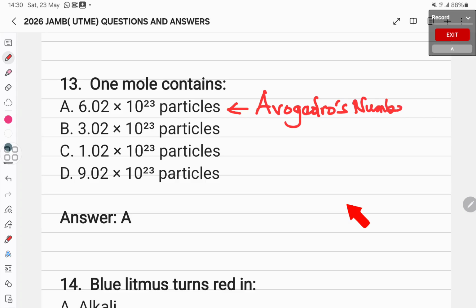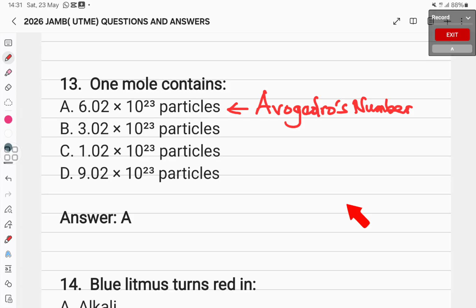Avogadro proposed that the number of particles in 1 mole of any substance, be it solid, liquid, or gas, be it element or compound, is given as 6.02 times 10 raised to the power 23.